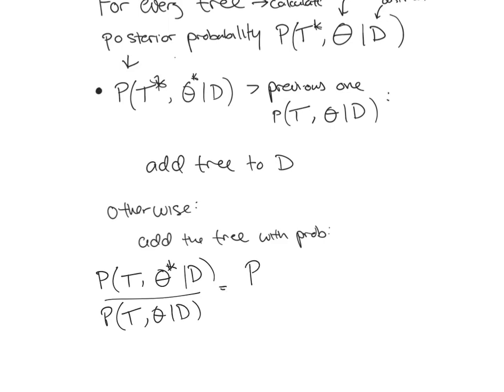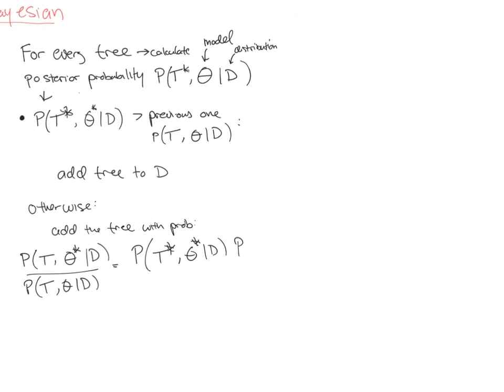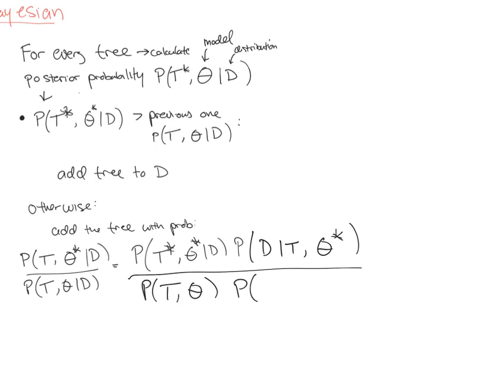This equals what we just calculated, multiplied by the probability of the distribution given our new tree, over the probability of the distribution given our original tree and our parameter.